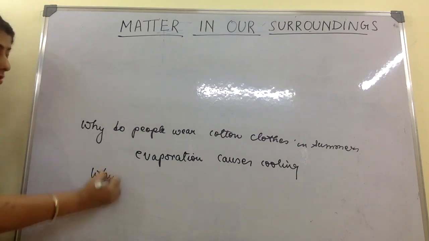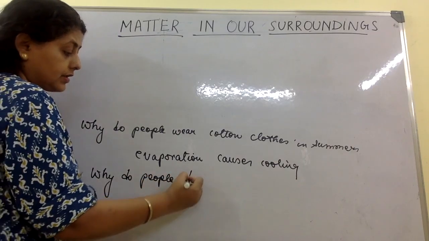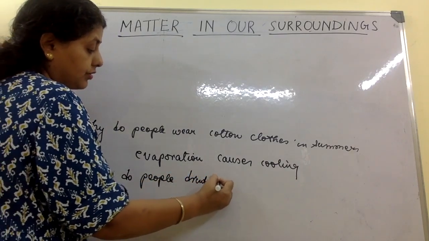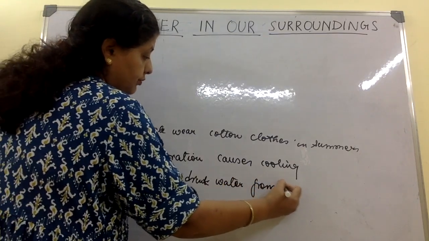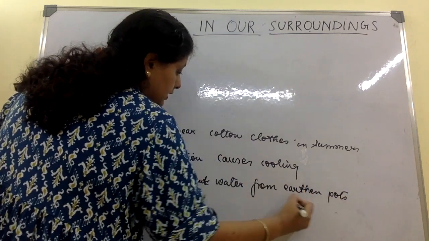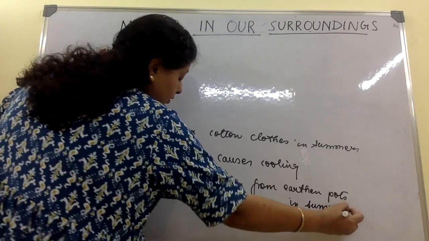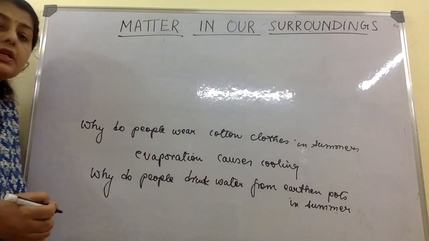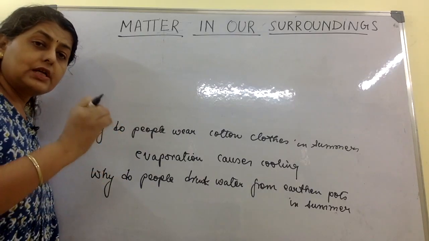Same thing happens. Why do people drink water from earthen pots in summer? People drink water from earthen pots because these earthen pots have small pores.